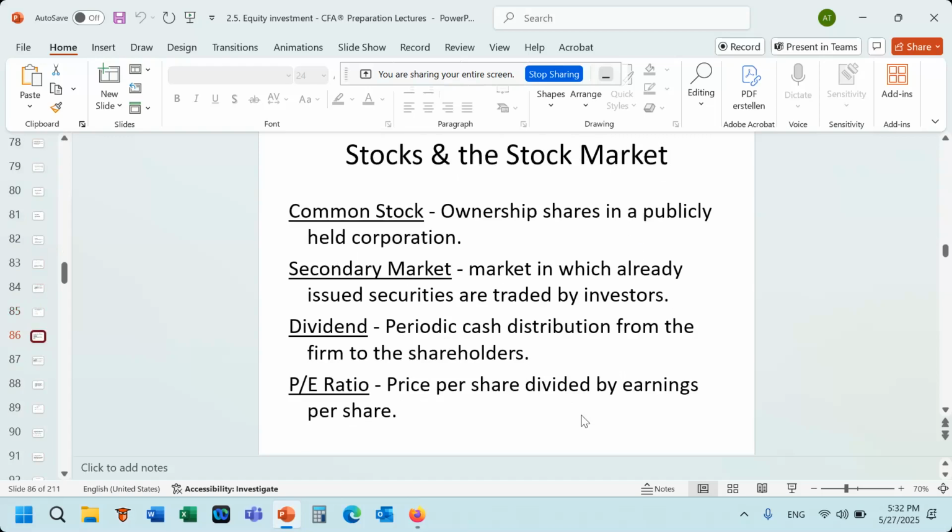Then we want to look at the definition of primary markets and secondary markets. Most of the stocks that are traded in the New York Stock Exchange or in Frankfurt are traded in the secondary market. Secondary market means that I sell a stock and then someone else that I don't know is purchasing this stock.